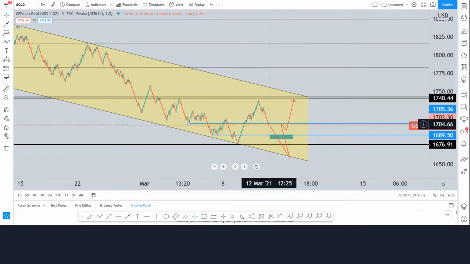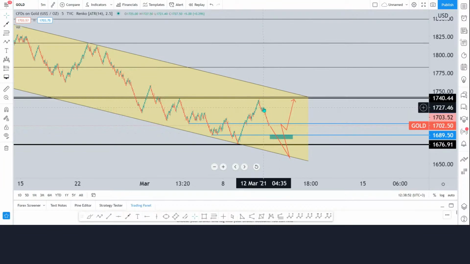We expect that it will continue to go down, but this point at 1700 is too late to buy or sell.